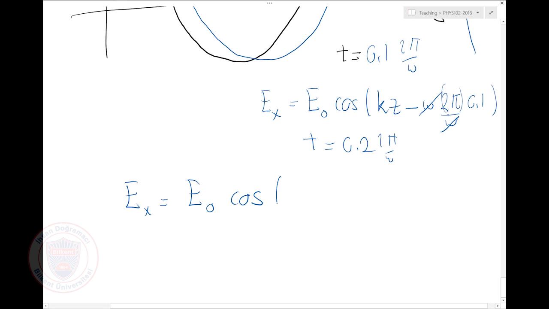I'll write Ex is E0 cosine of kz minus omega t. Or I'm going to write this as follows. It's always a cosine of k times some z.